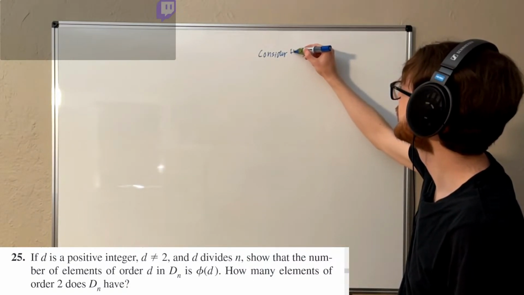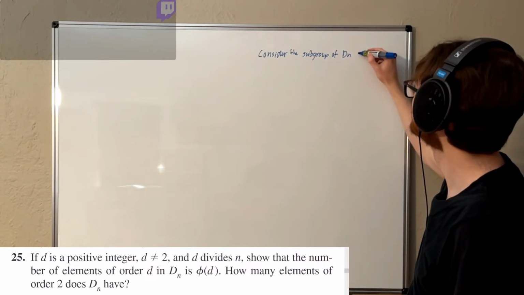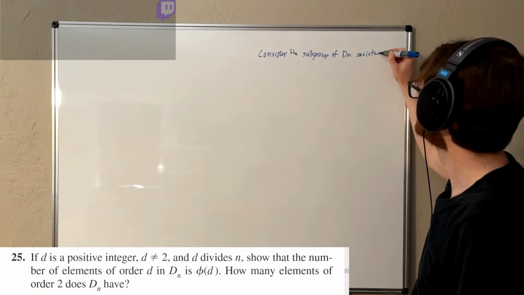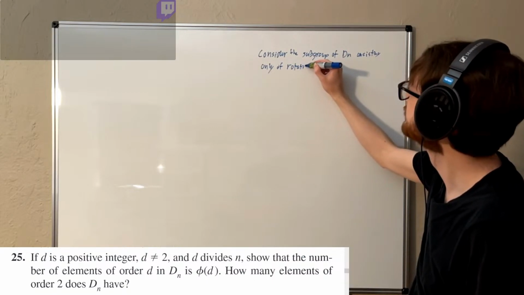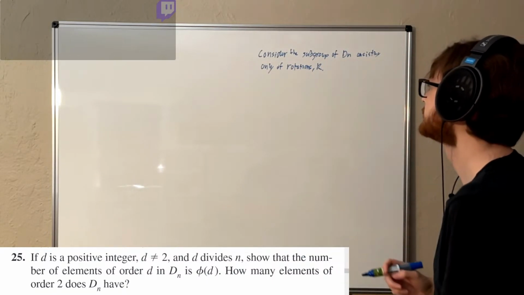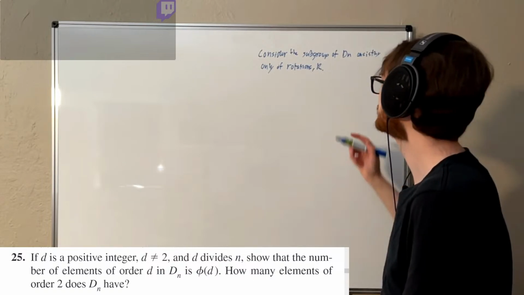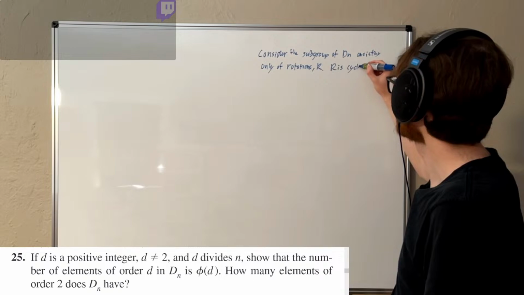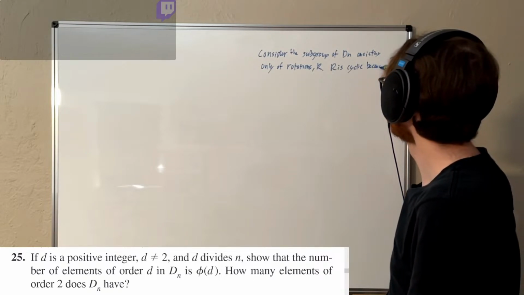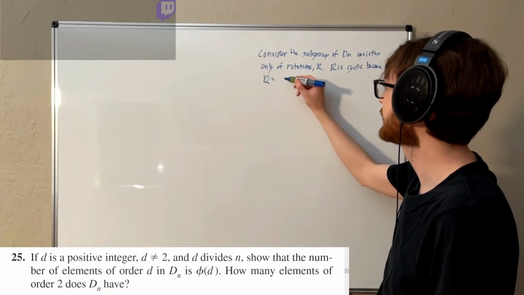Consider the subgroup, call it R. R is cyclic because, I think we should prove that R is a subgroup, but I'm just gonna not.